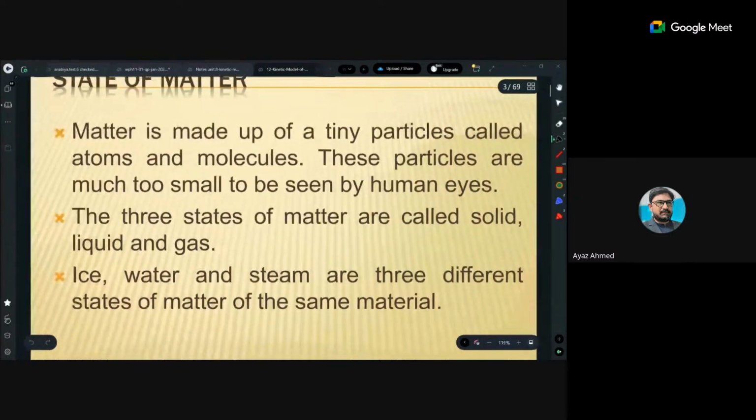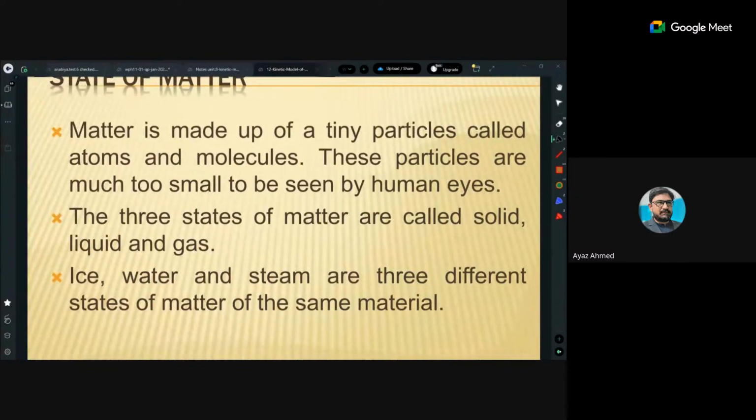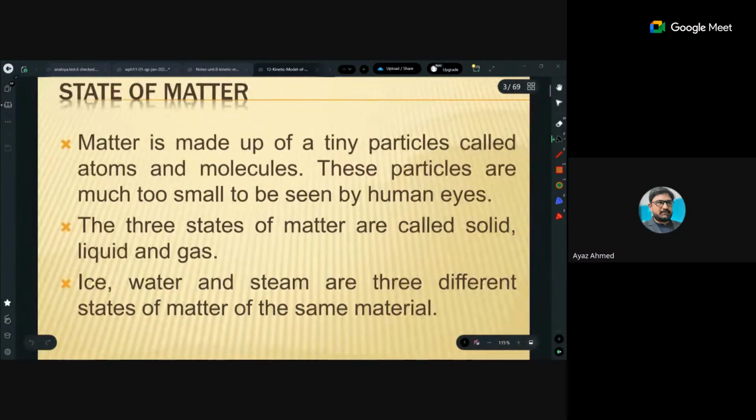Every material is made up of tiny particles, atoms and molecules, and we are unable to see these with the human eye. That is why we just see the compact shape of them.